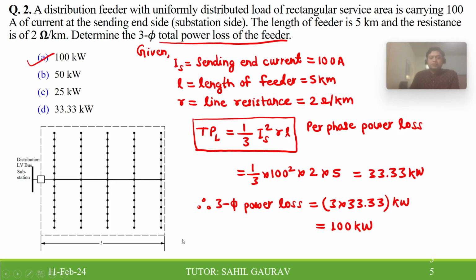I am asking the question: in the radial distribution feeder with uniformly distributed load, just like this case and the picture shown over here, if you assume a concentrated load irrespective of the uniformly distributed load, then what should be the effective length of the feeder?